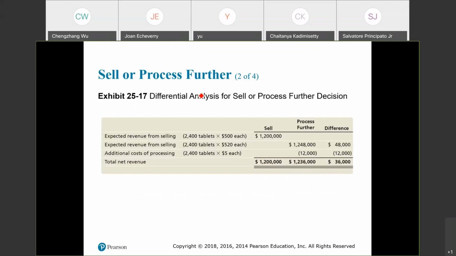Well, consider one of Smart Touch Learning's sell or process further decisions. Let's suppose that the company can sell its tablet computer or add a front accessible USB port to the tablet. The cost to add the USB port is $5.